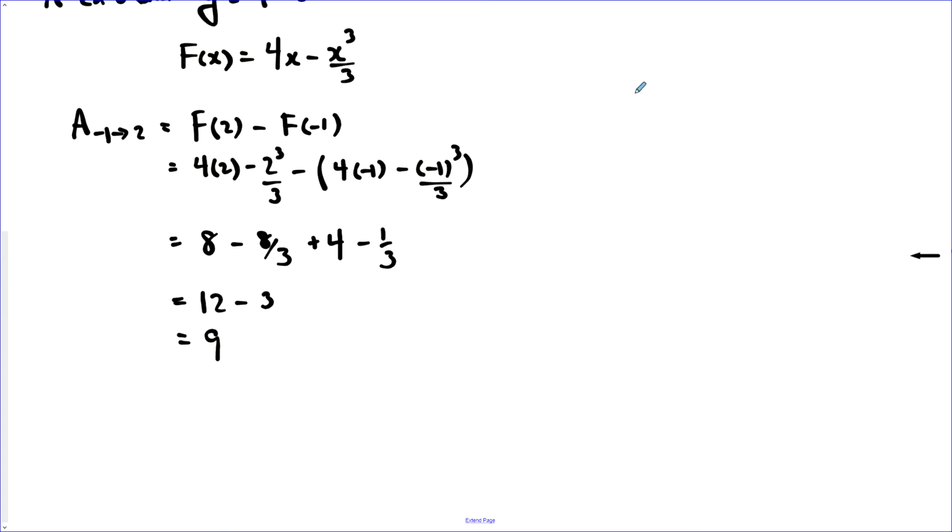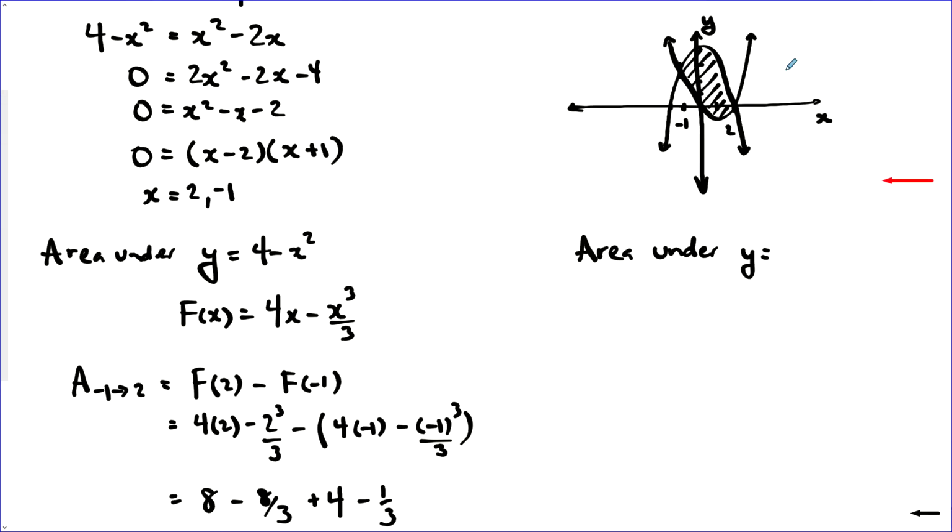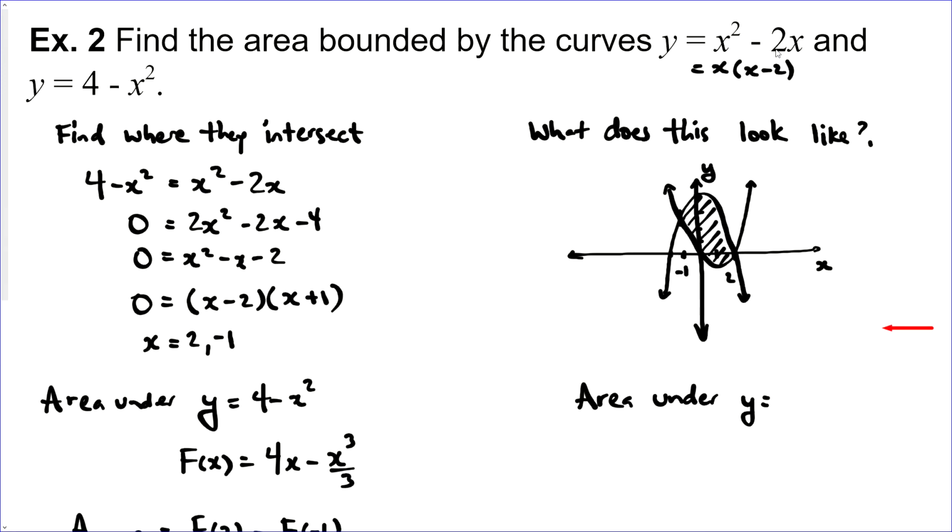Let's go do the area under the other function. So area under y equals x squared minus 2x.